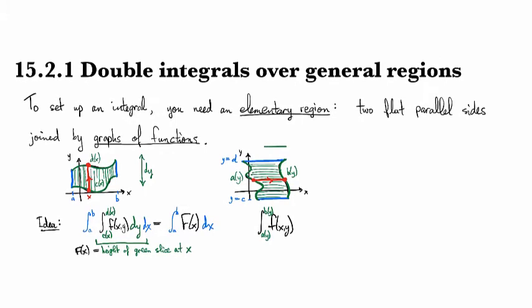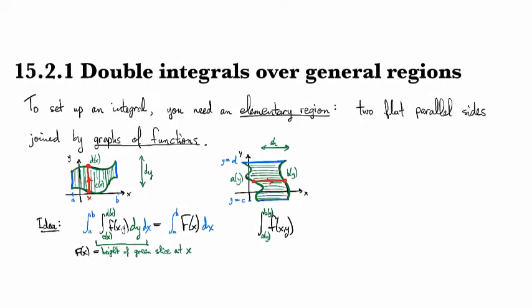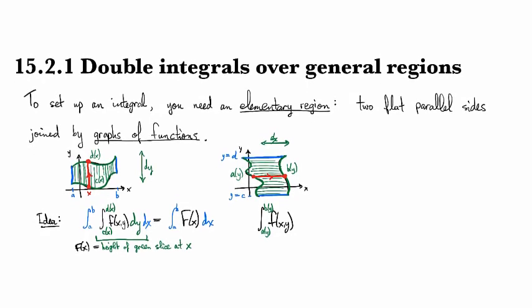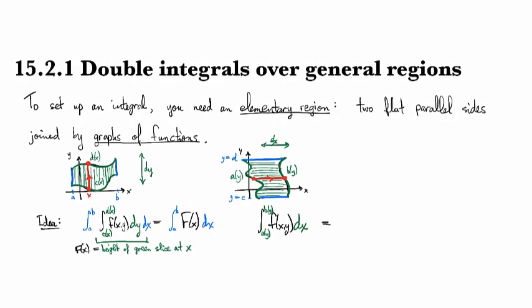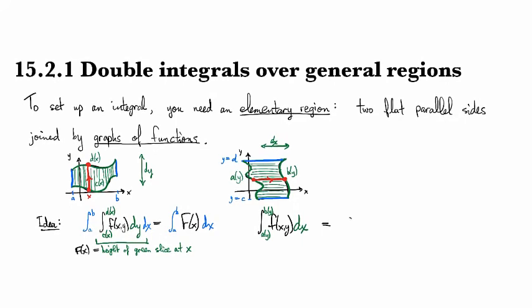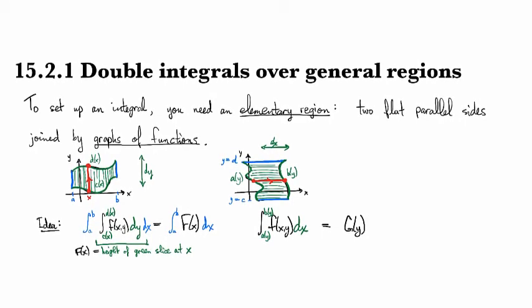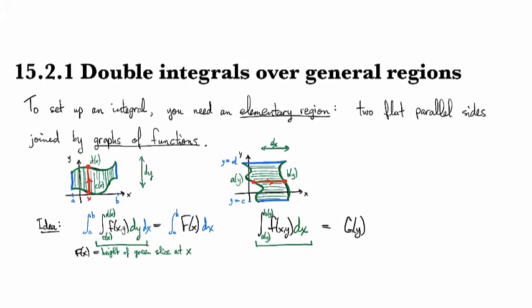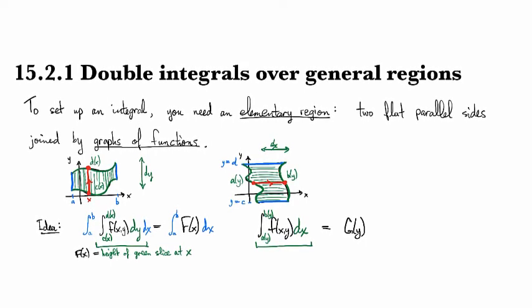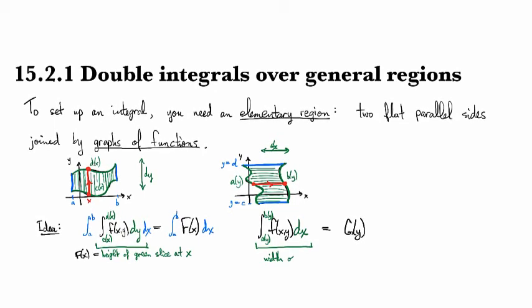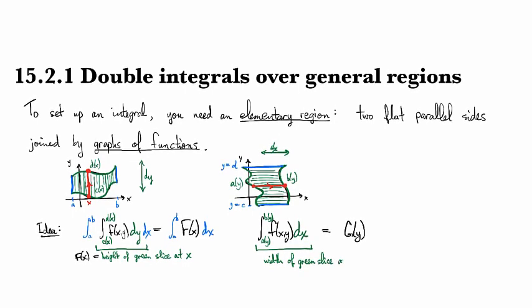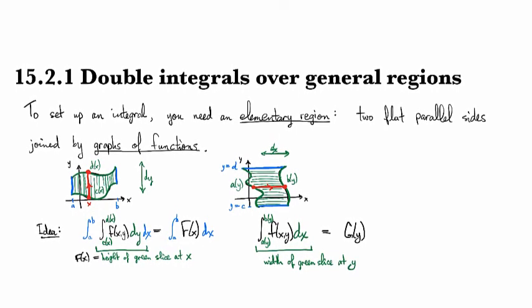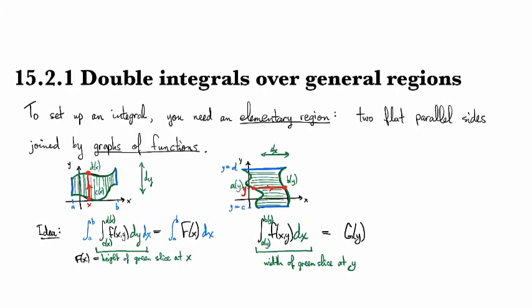And we're integrating in the direction parallel to the x-axis, so this is dx first. And that gives me, let's call it g of y. This is going to be the width of the green slice at y, where y is this height right here.